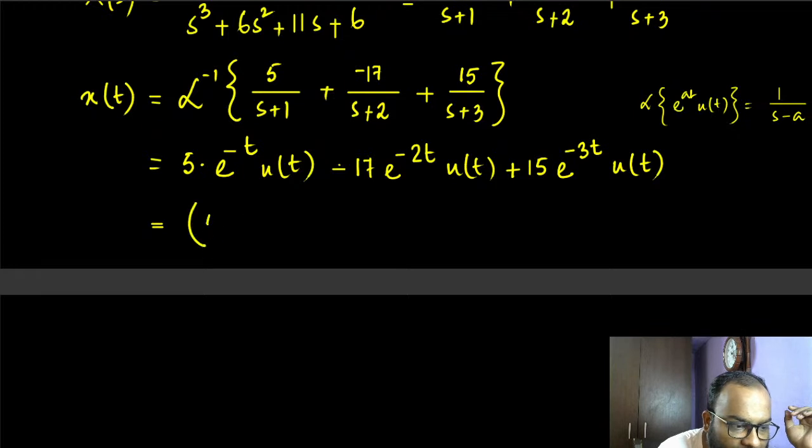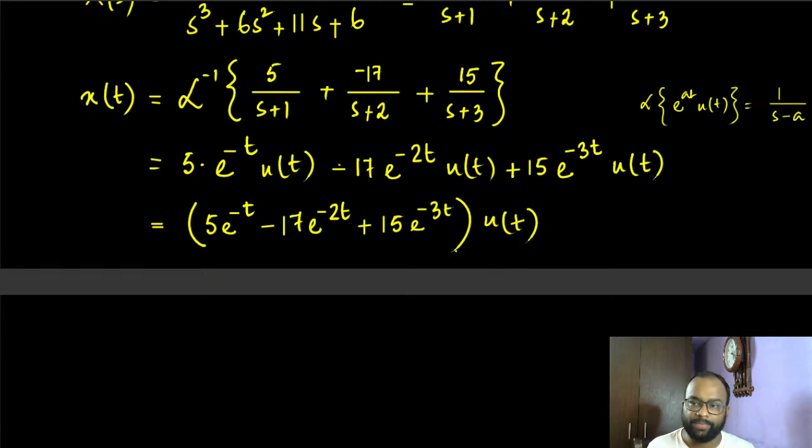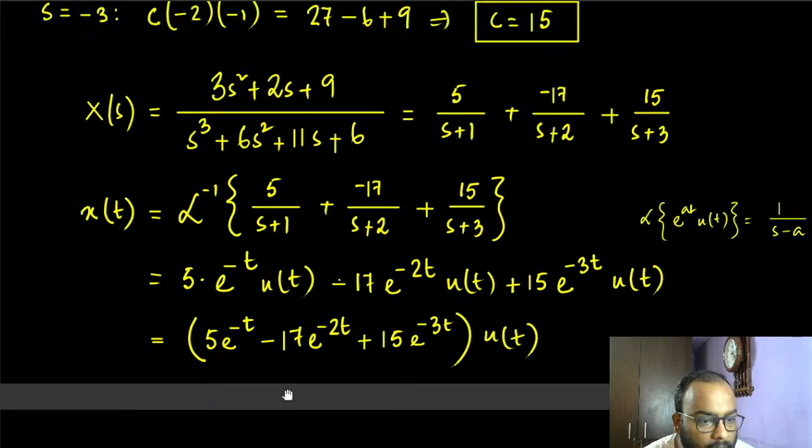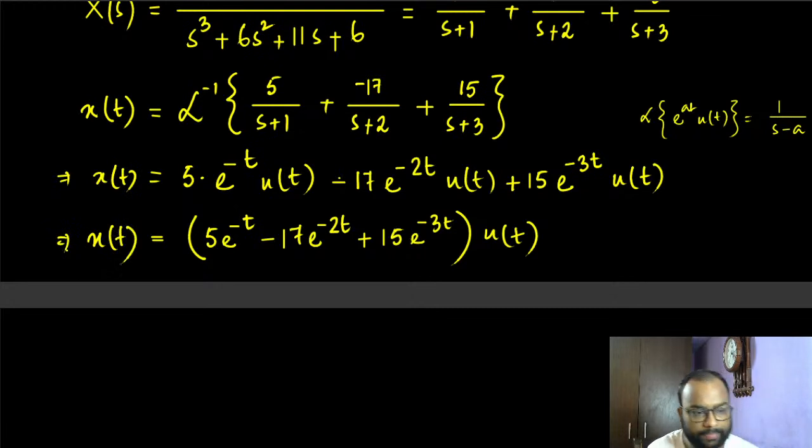Okay, so we're going to have 5 e to the power minus t, then minus 17 e to the power minus 2t, then plus 15 e to the power minus 3t, all of them times u(t). Now, why did I calculate this? Just to verify the next thing that we are going to do. So keep in mind that this is our x(t). So this is the inverse Laplace transform of whatever we had there.